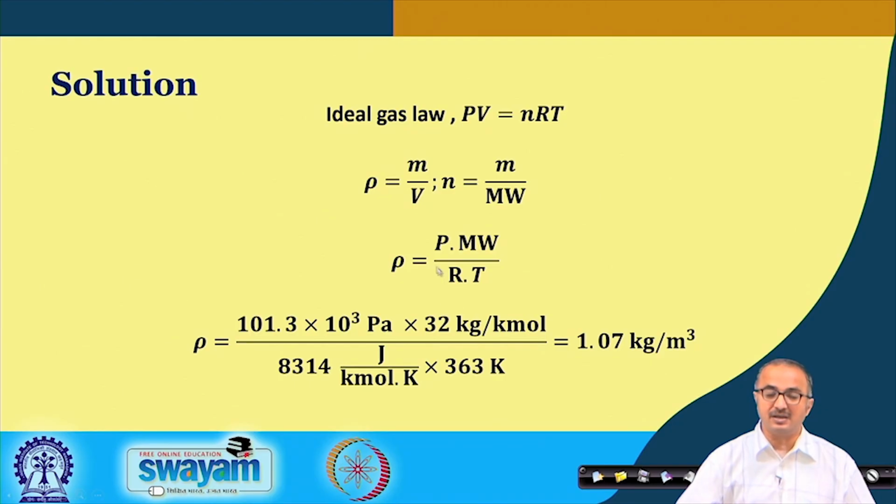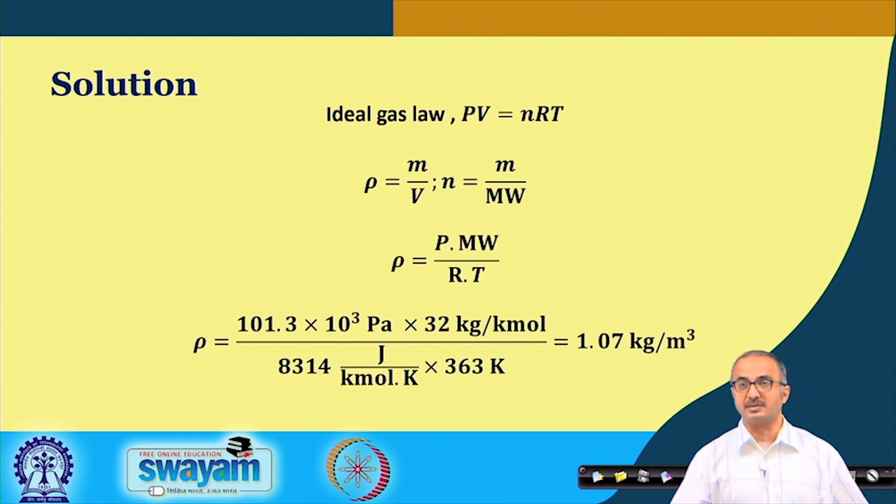Here we see that pressure is given in kilopascal, so we are multiplying by 1000 to convert kilopascal to Pascal. Then we have the molecular weight of oxygen as 32 kg per kilomole. Sometimes we also may use 32 gram per gram mole.